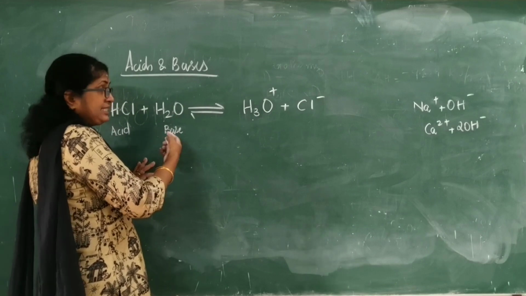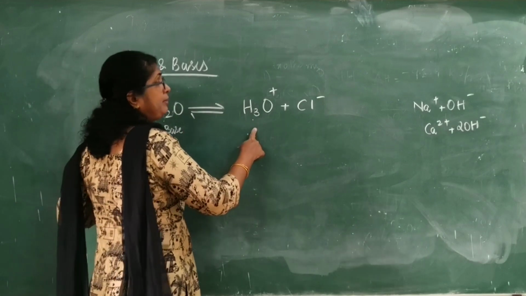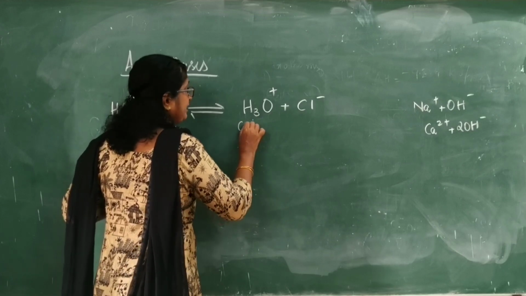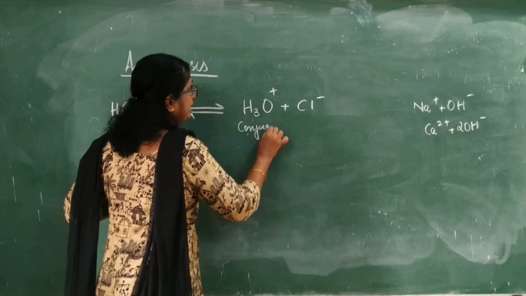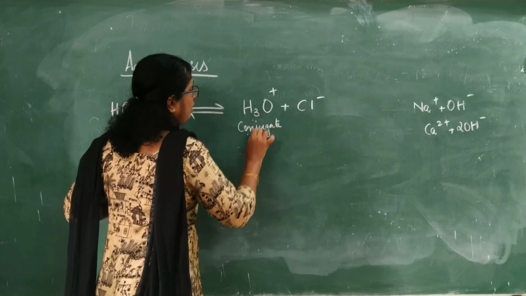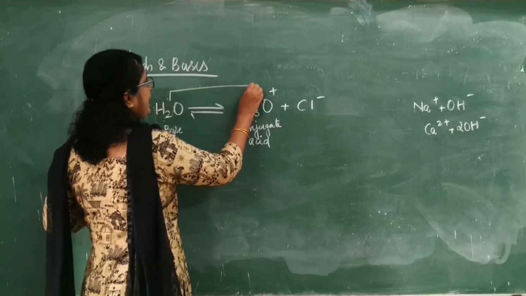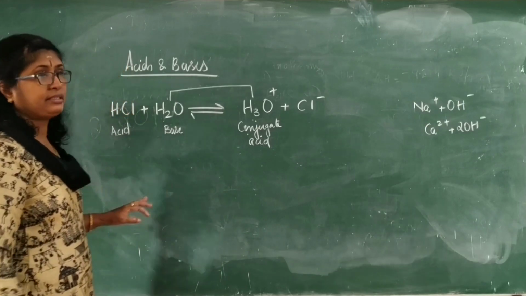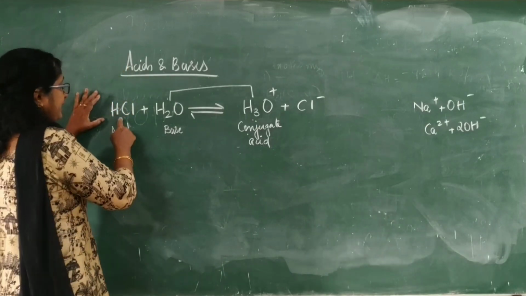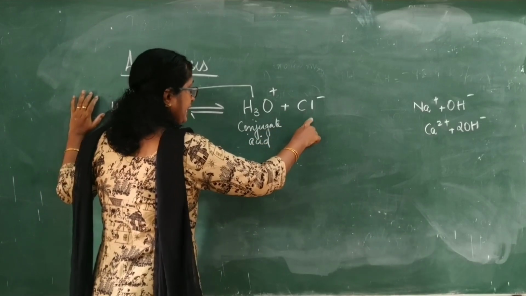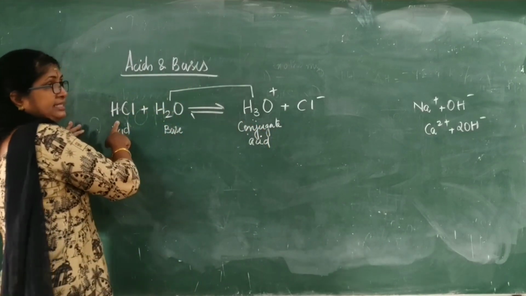That is, a base accepting a proton becomes an acid, and that acid formed is the conjugate acid of the base H2O. Now, HCl liberated one proton and became Cl-. Cl- can accept a proton and become HCl.